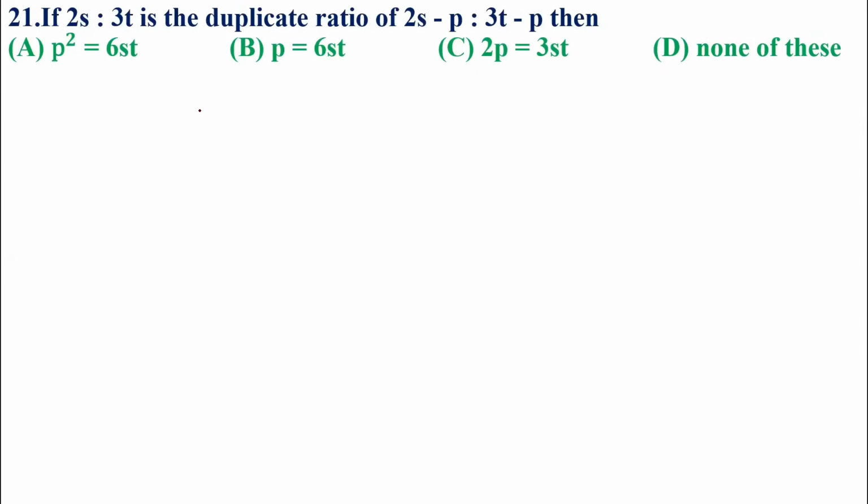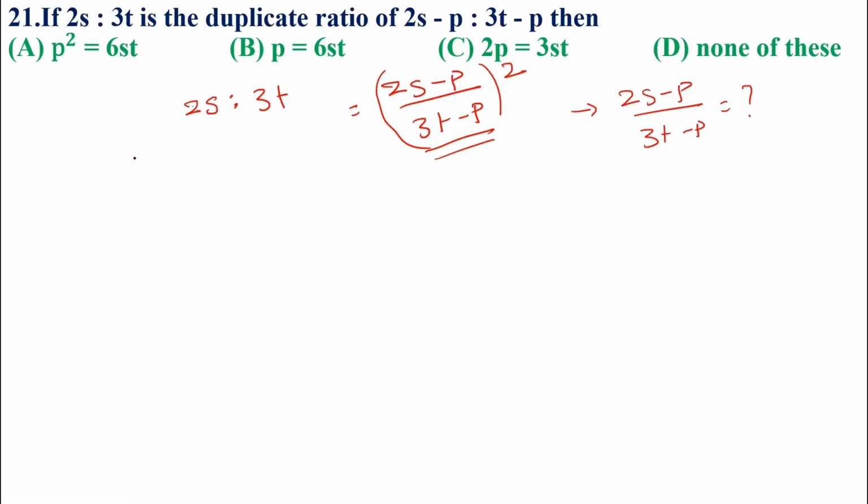If 2S is to 3T is the duplicate ratio of (2S minus P) by (3T minus P). The duplicate ratio means this is the duplicate ratio of this one. So how to calculate? What do I need to calculate?